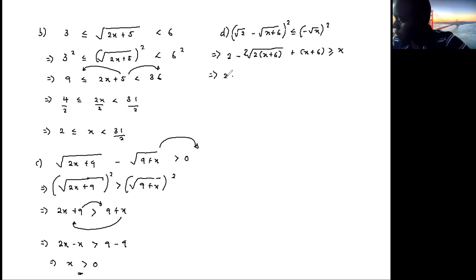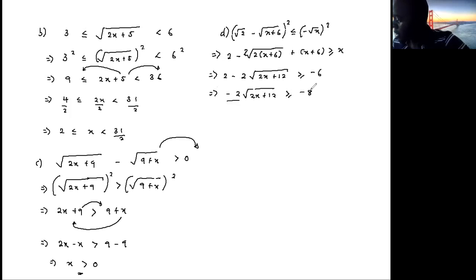So that we have 2 minus 2 root of 2x plus 12 is greater or equal to, so I can take this other side so that I have negative 6 only, because x minus x is going to be 0. So if we take these 2 as well, we are going to remain with negative 2 root of 2x plus 12 is greater or equal to negative 8.